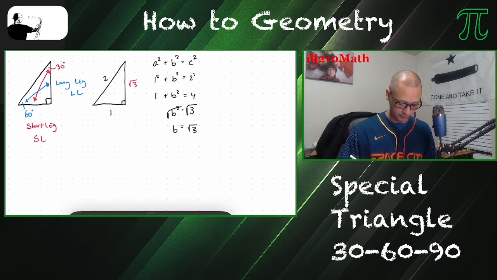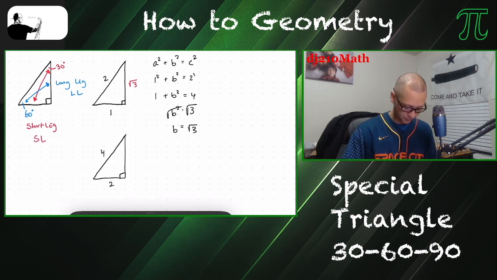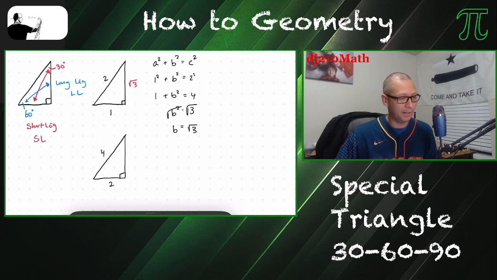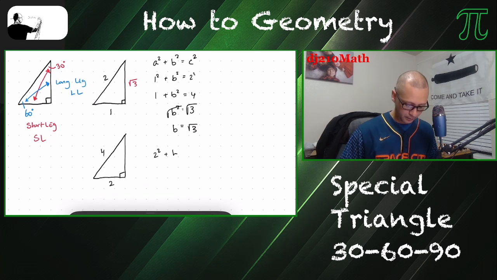Now let's try another one and see if we can come up with some sort of pattern. Here we're given the short leg is 2 and the hypotenuse is 4. Let's figure out what b is. This is going to be 2 squared plus b squared is equal to 4 squared. 4 plus b squared is equal to 16.